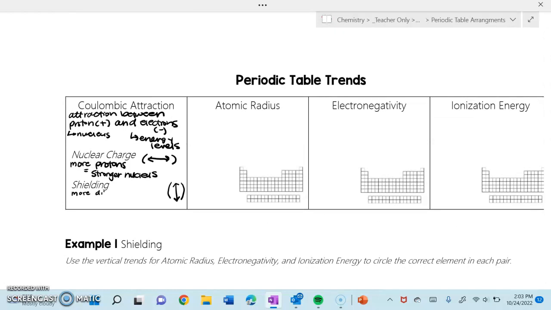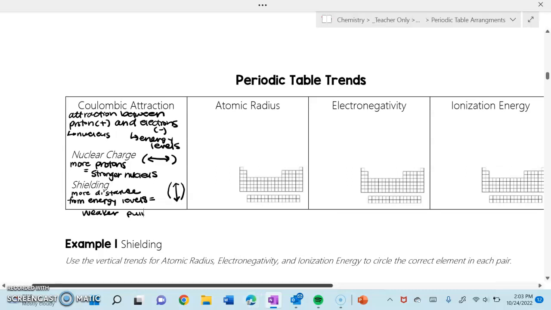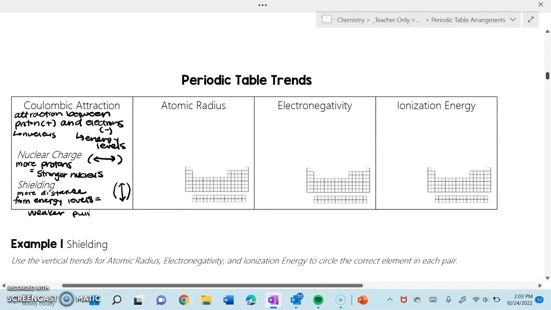More distance from energy levels equals weaker pull. We've already started talking about the application without even knowing it, because as it pulls stronger, it's going to make the atom smaller, and as it pulls weaker, it's going to make the atom larger. And of course, if the distance is increasing from the nucleus to the electron, the atom is getting bigger.